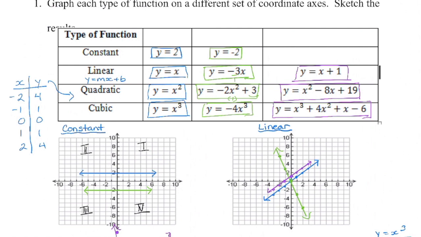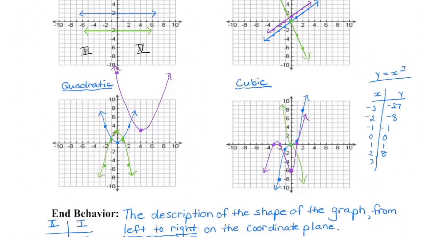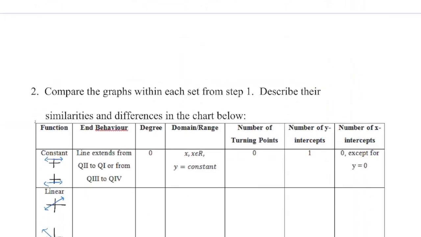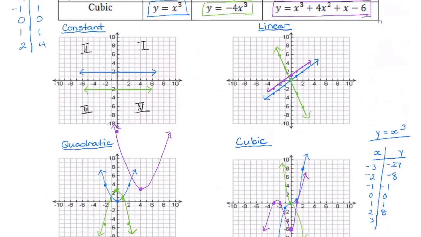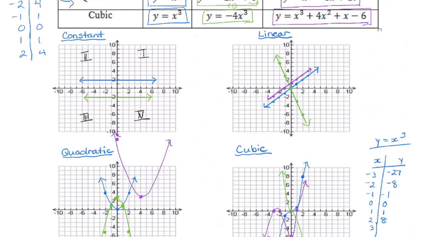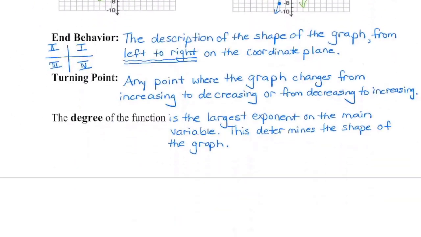The only value in my second graph for y is negative 2. So whatever that number is, that is your range. My range for this one would just be y is 2, y is negative 2. And then take a look, number of y-intercepts. How many times do we cross the y-axis? Well, we can see we're only ever crossing once with a constant function.